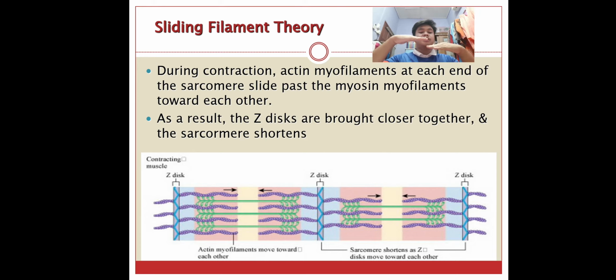During the contractions, the myosin and actin filaments slide past toward each other. Because they slide, the Z discs, which you can see in this area and this area, also move closer to each other because of the muscle contraction occurring at that time.